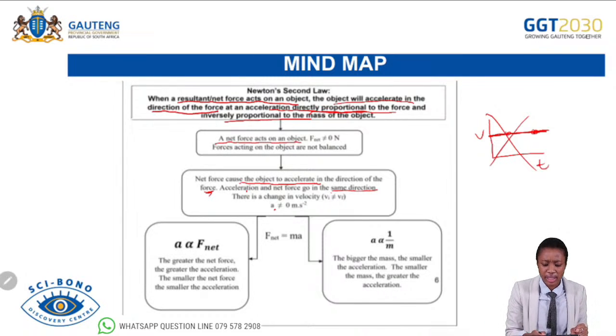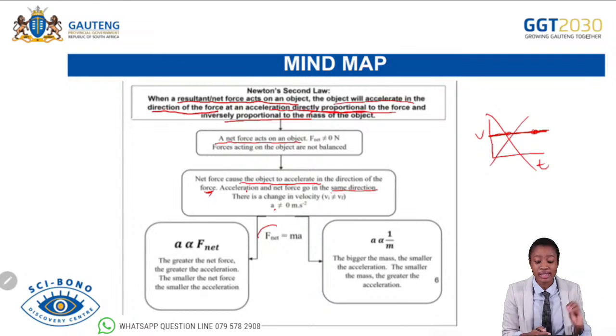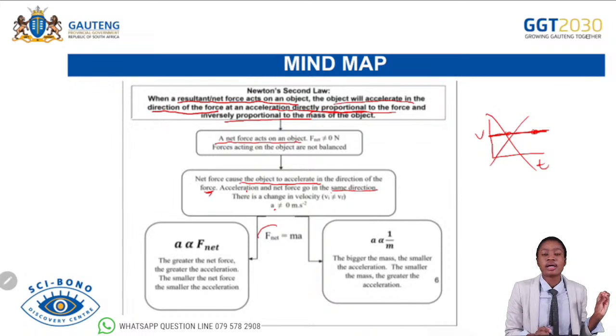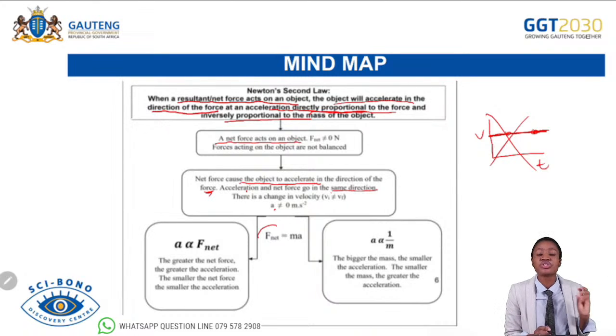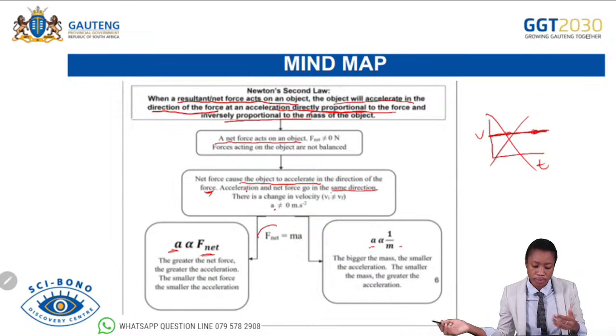Let us now look at the relationship between acceleration and the force, as well as the acceleration and the mass. There are two relationships when we're looking at acceleration in terms of Newton's second law. There is a relationship of direct proportionality between acceleration and the net force. And the other one is an inverse proportionality relationship between the acceleration and the mass of the object.